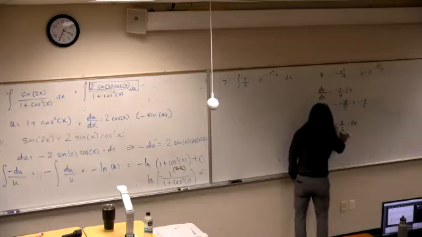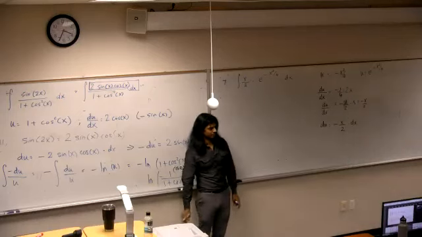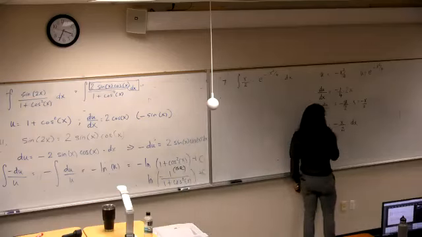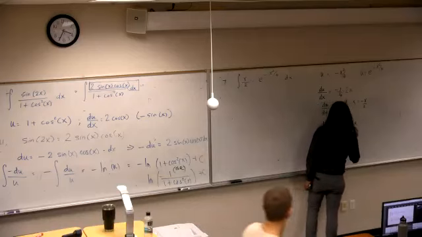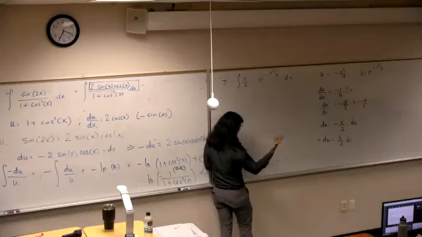Do we see this bit in the original integral? Yes or no? Yes? Okay. So move that negative: negative du is equal to x over 2 dx. All of that would become u.